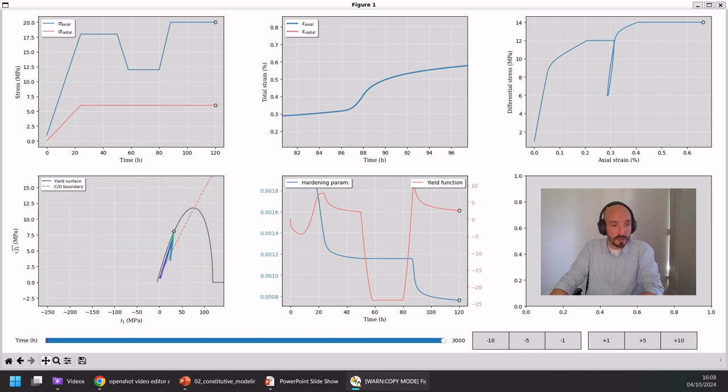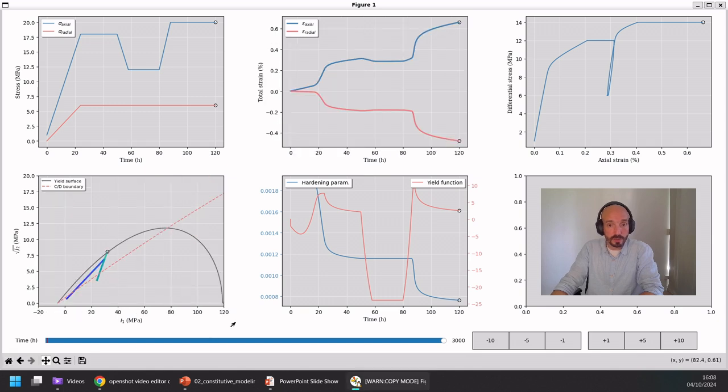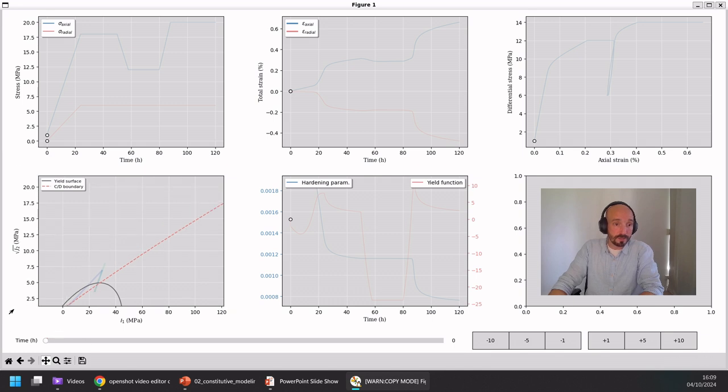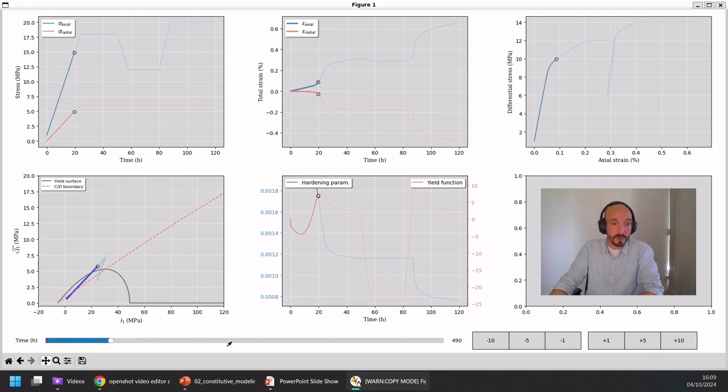So let's see the initial yield surface. Just a second. Yeah, so here it is. So this is the initial yield surface, or the initial threshold. By the end of the simulation, the yield surface is quite big.